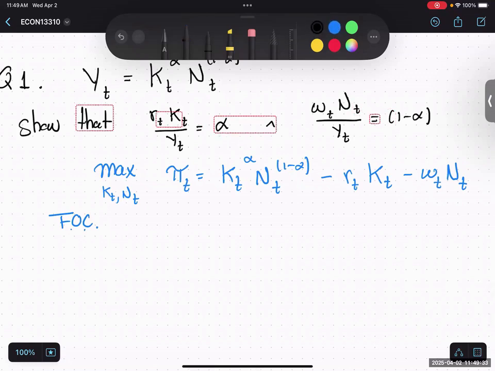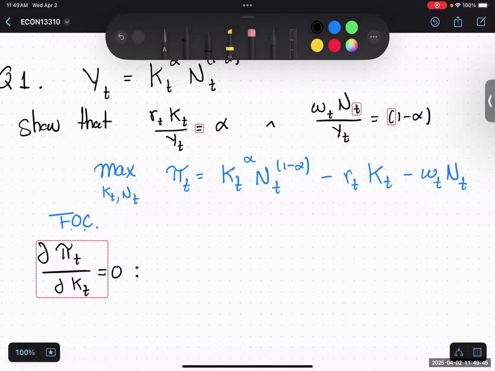The first order condition is the partial derivative of the profits function with respect to capital, and this must be equal to 0. This is easy: it must be alpha K_t to the alpha minus 1, N_t to the 1 minus alpha.